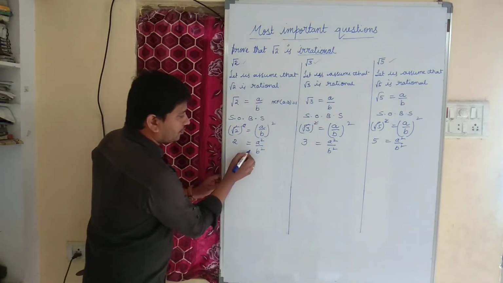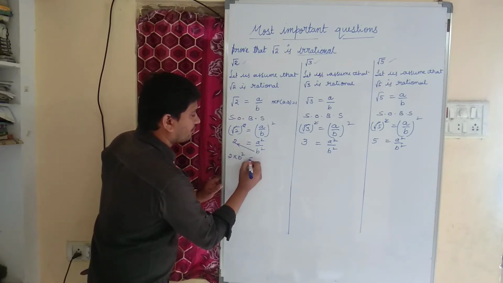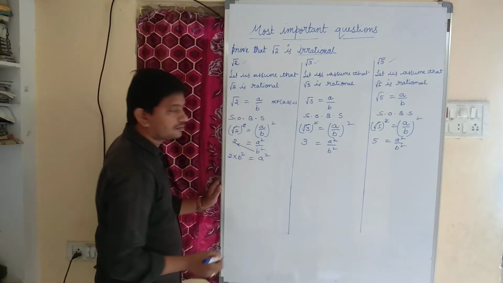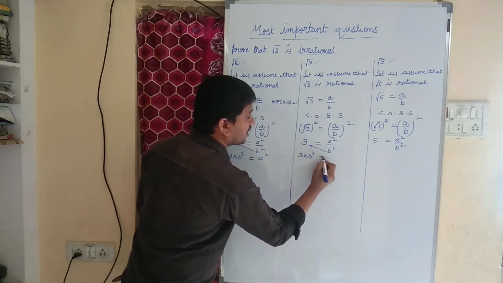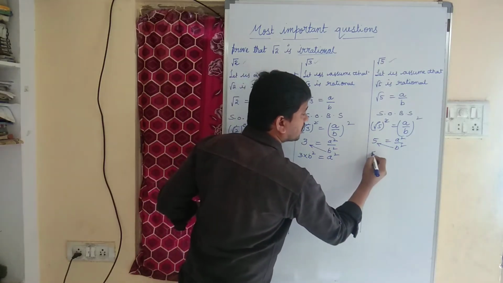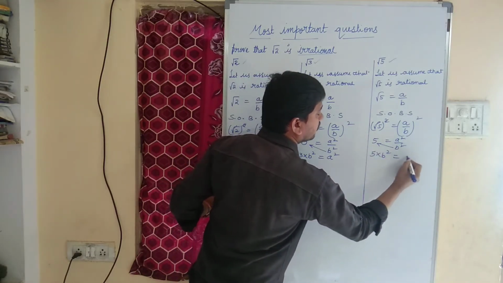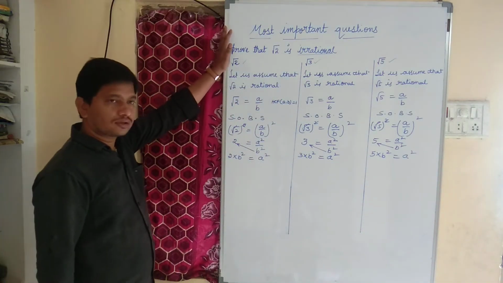Now what you do? Cross multiplication. 2 into b square equal to a square. Here also cross multiplication, 3 into b square equal to a square. Here also cross multiplication, 5 into b square equal to a square. Right?